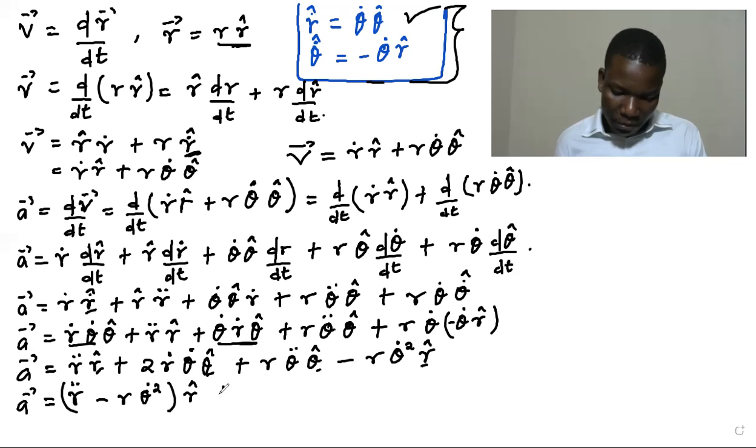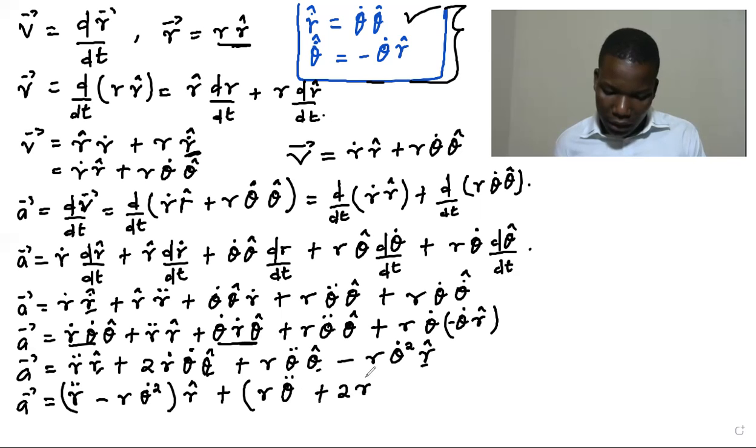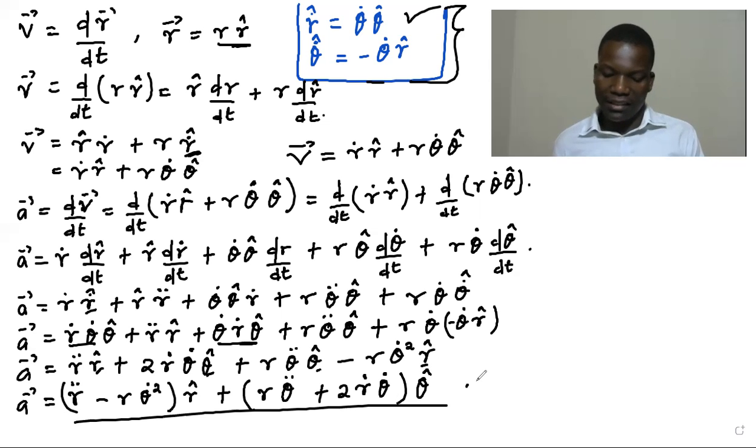Then we have plus, here we are going to have R theta double dot plus 2R dot theta dot. And this is your acceleration in a central force field. This is how you get acceleration.